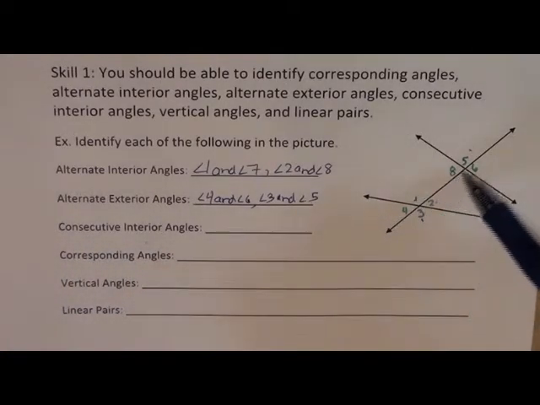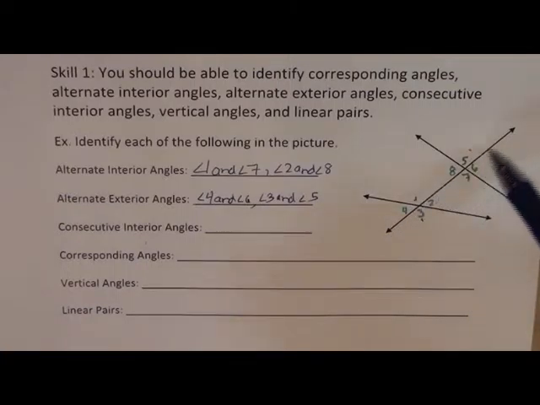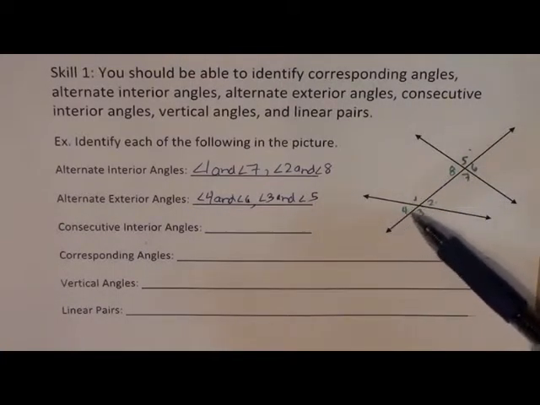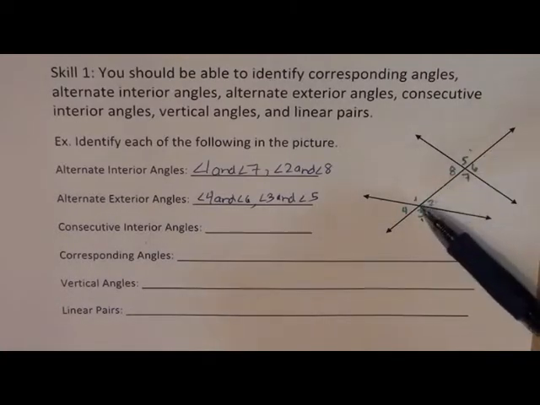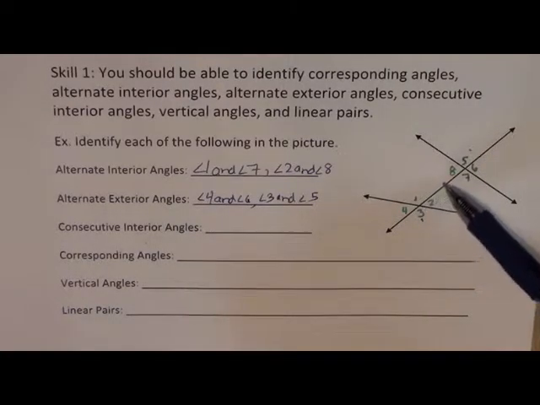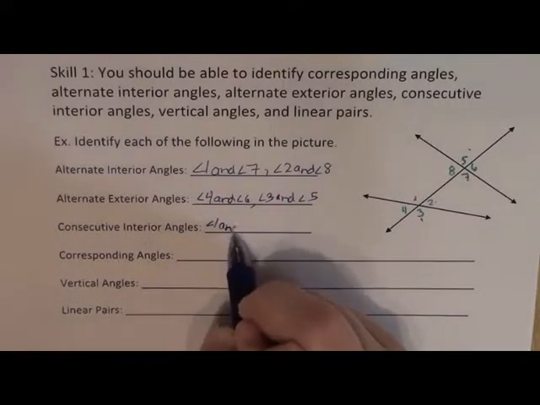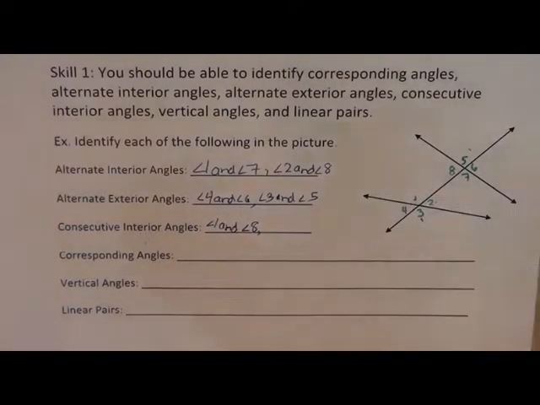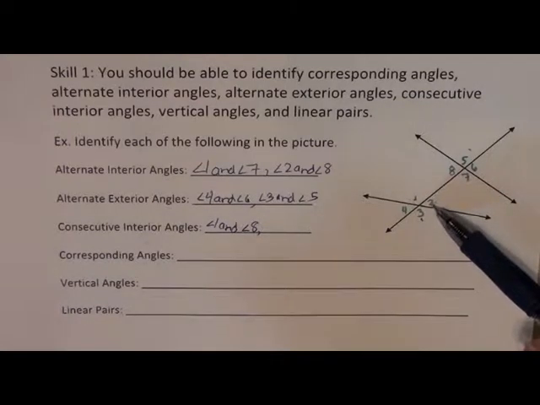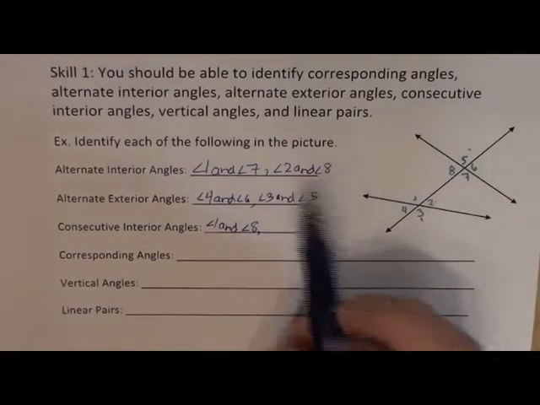So here's the transversal. 1, 2, 7, and 8. Which two numbers are on the same side of this line? Well, that's angle 1 and angle 8. The same side as angle 2 is angle 7.